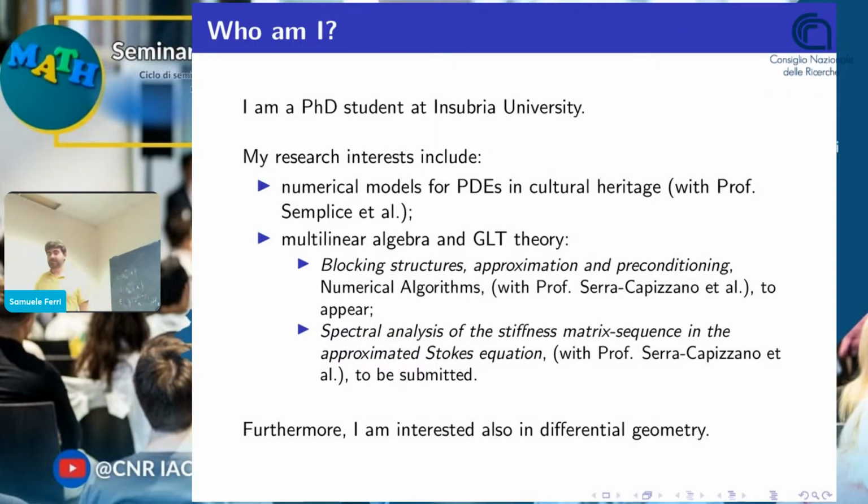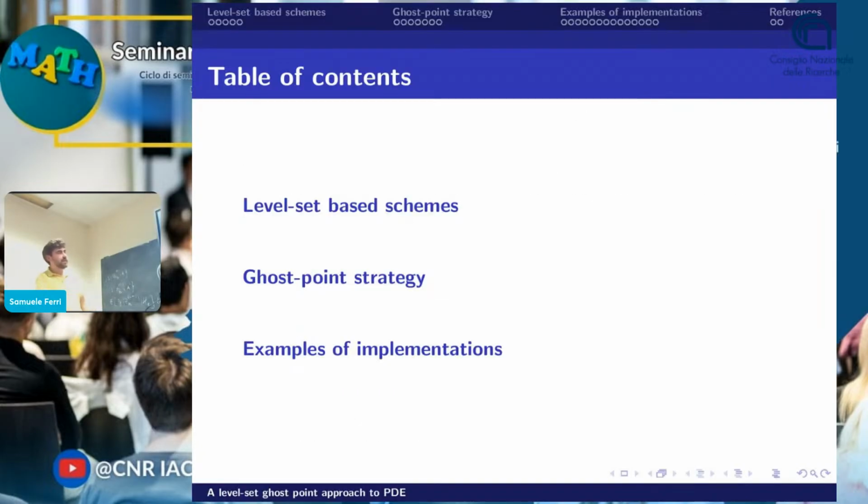One is about what is GLT, Generalized Locally Toeplitz matrices. It is a theory about sequences of matrices which are not Toeplitz, and they approximate PDEs and something else. But I'm also a bit interested in differential geometry. So let's start.